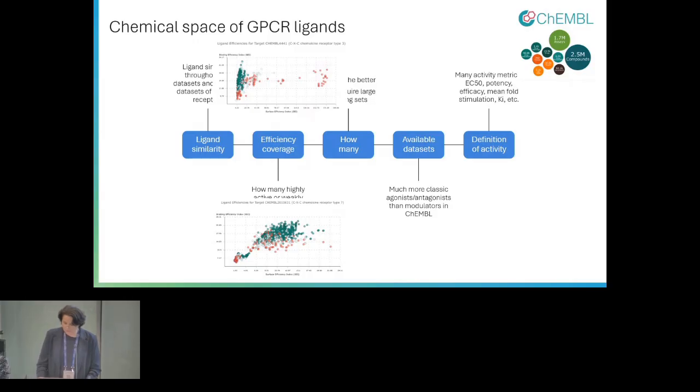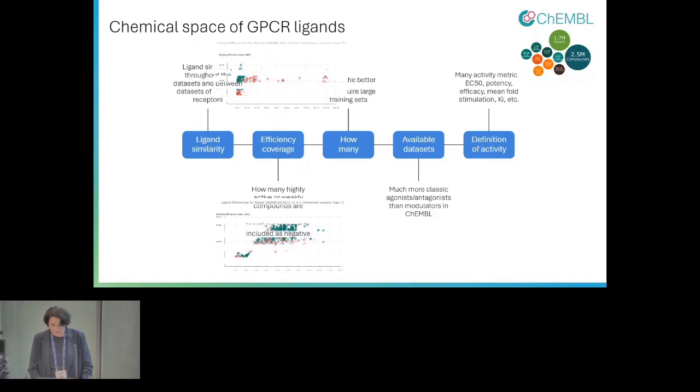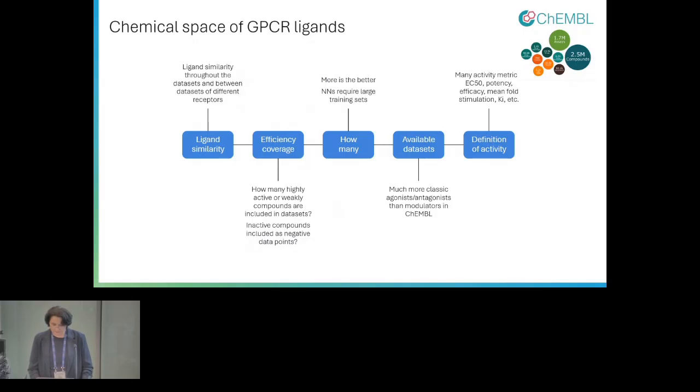Such datasets could be used for binary classification, active versus inactive compound, but hardly could be used for precise prediction of the compound efficacy. Do we need much data for training? Obviously, yes, especially to train neural networks, but hardly ever is it available, like shown here.